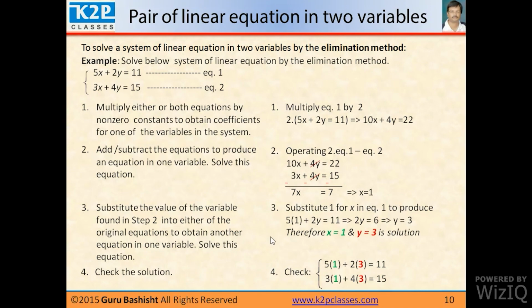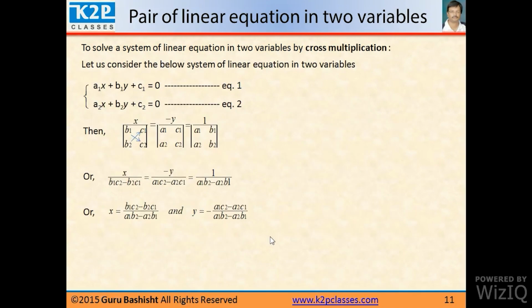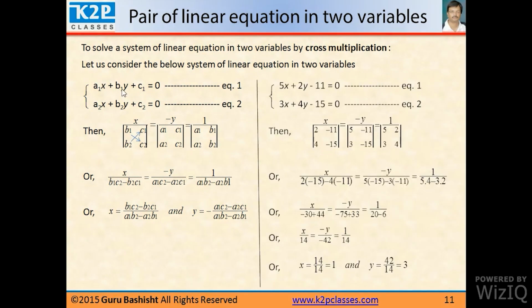Then write x/(b1c2 - b2c1) = -y/(a1c2 - a2c1) = 1/(a1b2 - a2b1), and then x equals this and y equals this.